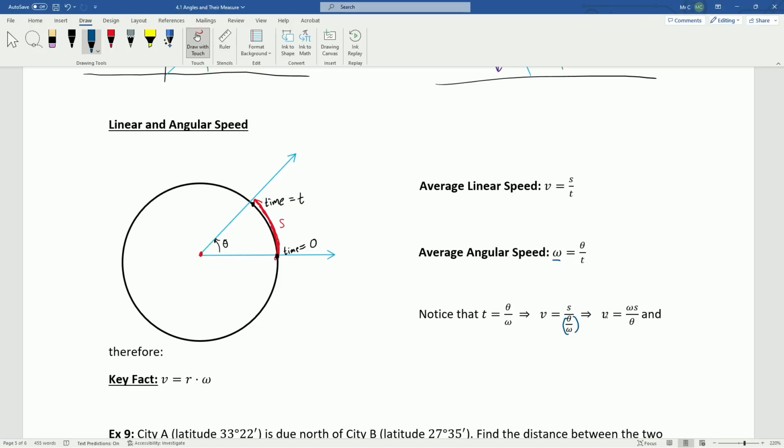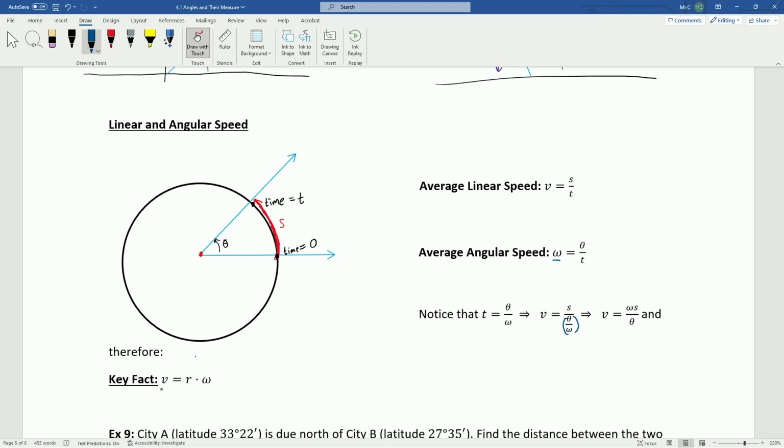In other words, the linear speed is the angular speed times the arc length divided by the angle. But s divided by theta is the radius, right? Your arc length divided by theta is the radius. That just comes from your radian definition.